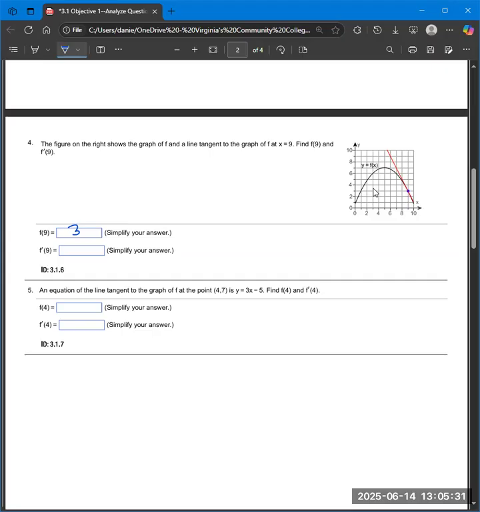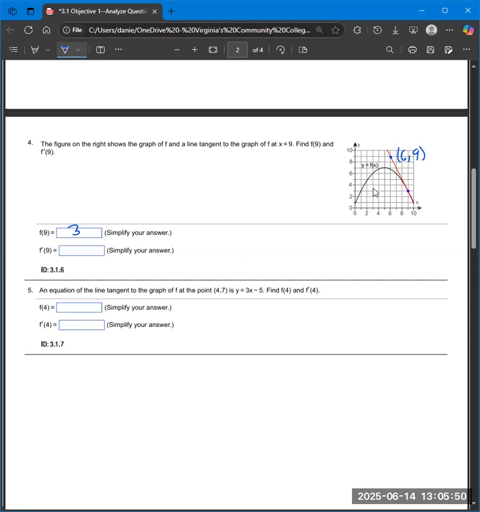look at this line here, and it looks like we have some points that are definitely on it. It looks like we go through 6, 9, so that'll be another point we can use.